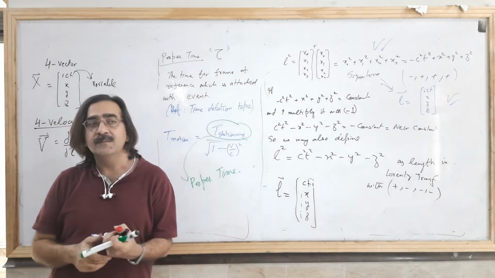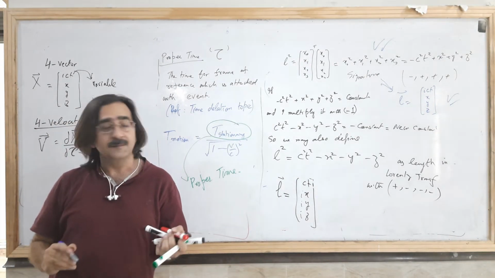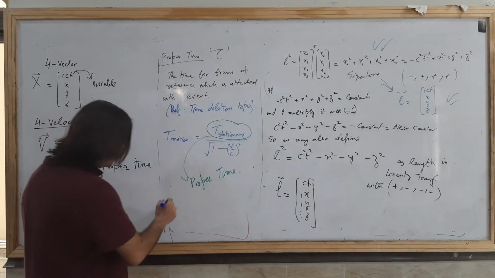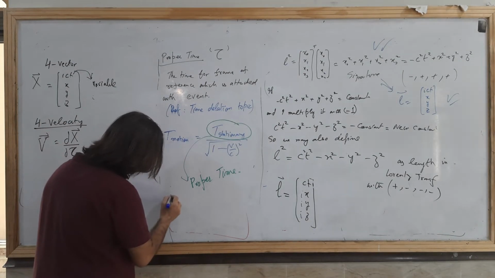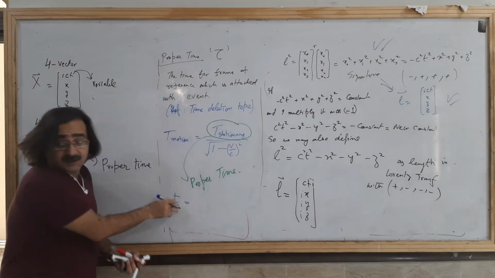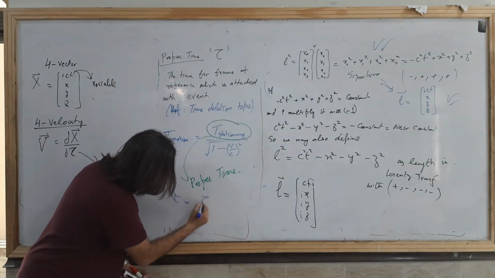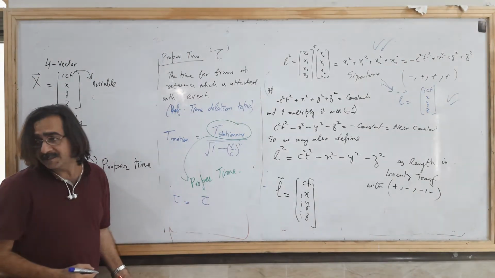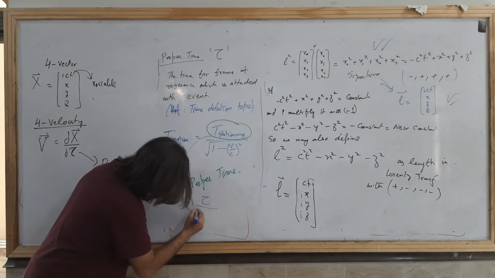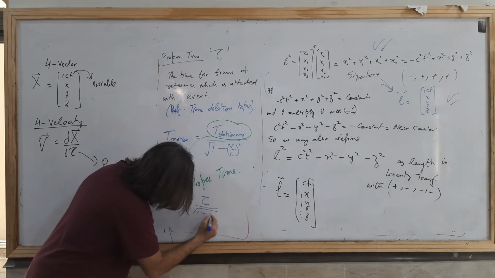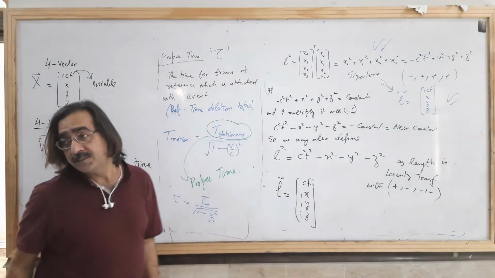Okay, got it? So if I represent it with the t, this is actual time, ठीक है, this is proper time, and this is 1 minus v square over c square.